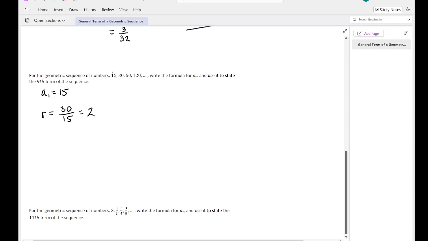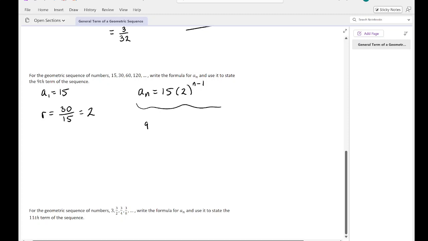You can see it's doubling, times 2, times 2, times 2, but this is how it would be done more formally. So the nth term formula, a sub n, is a sub 1 times the common ratio to the n minus 1. That's all we need for the general term. Now we can use it to find the 9th term.